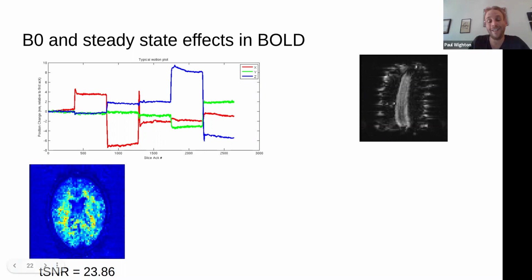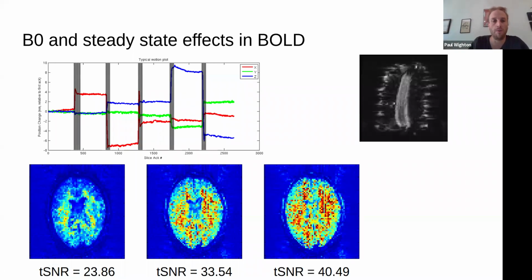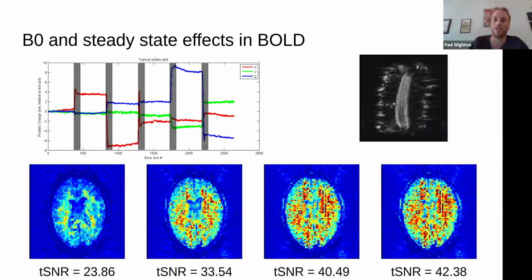But just to illustrate the effects of steady state, if you were to omit the TRs where there was motion from your calculation, your TSNR will go up a bit. But then if you keep omitting additional scans after that motion, you can buy back a lot of your TSNR. It kind of shows you the effect of steady state on TSNR.